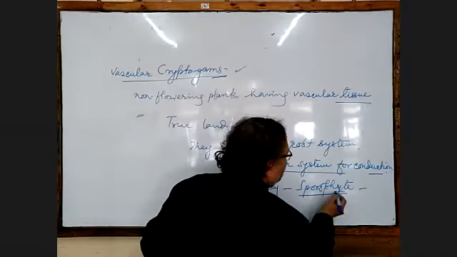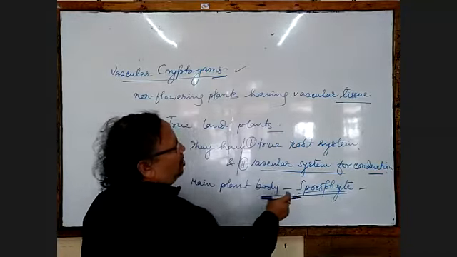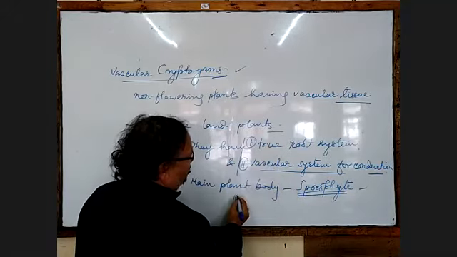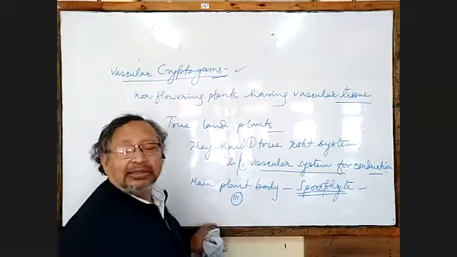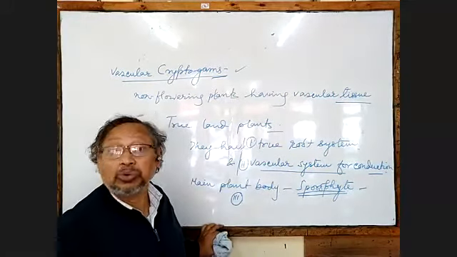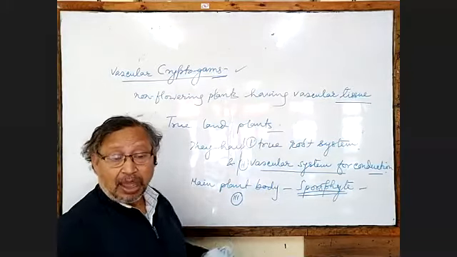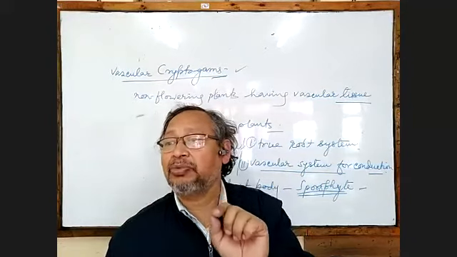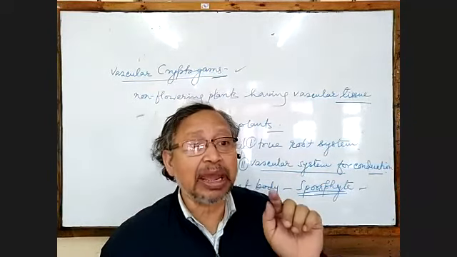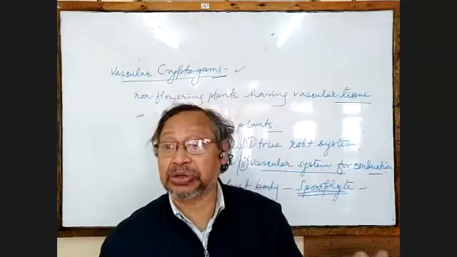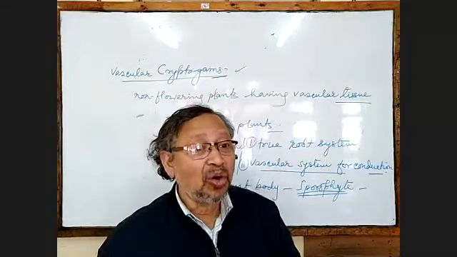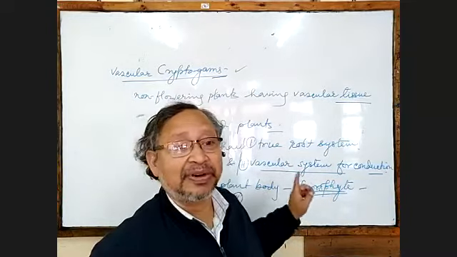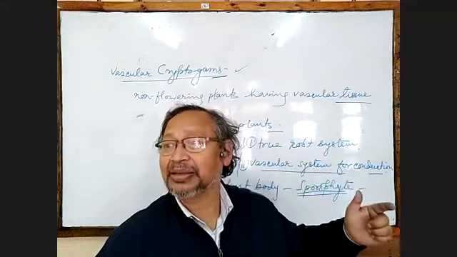The third point is the differentiation of tissue. Up to bryophytes, the plant body has only one type of cell, one type of tissue, parenchyma, soft tissue. There is no hard tissue. But in the pteridophytes, hard tissue has developed for the first time.